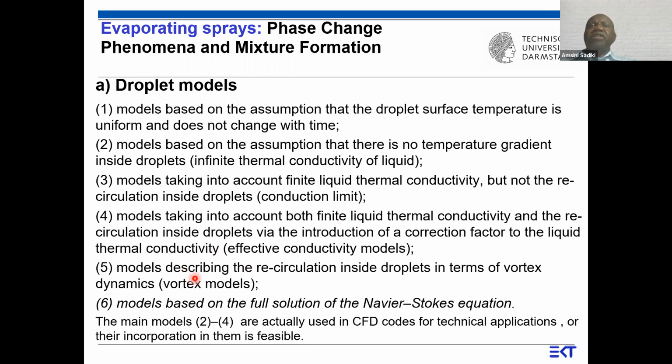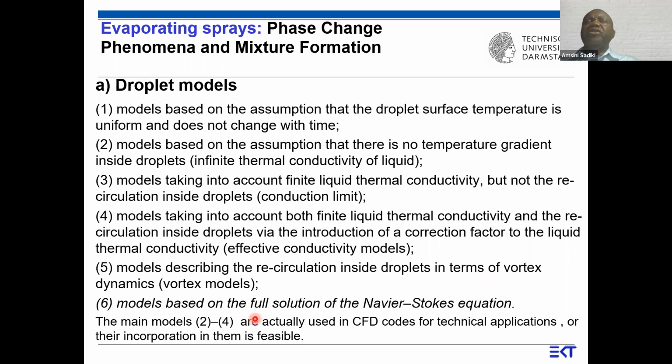We have also models, so-called vortex models, which account for the recirculation inside the droplets in terms of vortex dynamics. And we have a very strong, very clear description of the droplet model.